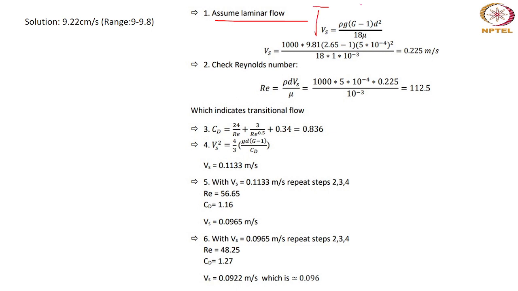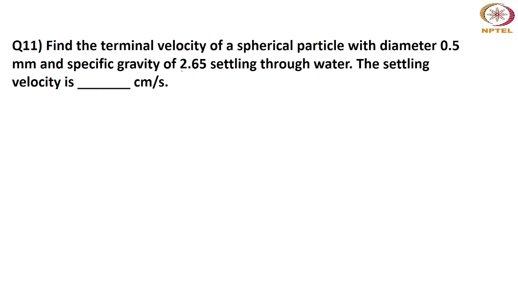So this is my Stokes formula in case of laminar flow. I'm getting Vs = rho g (G minus 1) d squared by 18 mu. So rho for water is 1000 kg per meter cube, the density, and g is 9.81. We'll put this capital G value as 2.65.